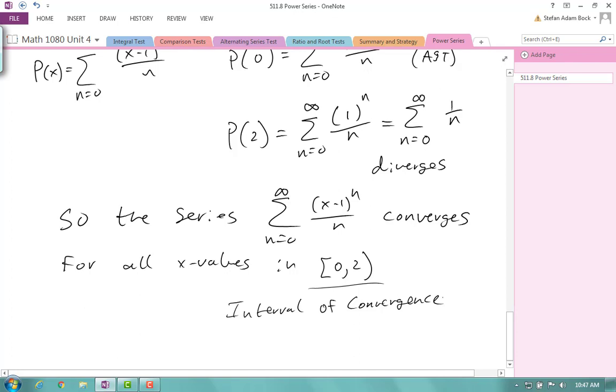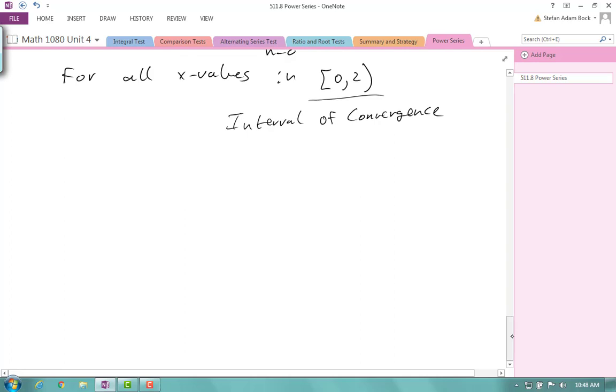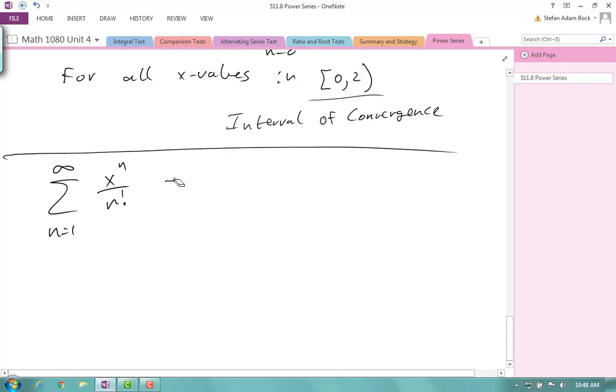But according to what I said before, the interval of convergence could potentially be all real numbers, or it could be only the center. And standard examples of those: if I have the sum from n equals 1 to infinity of x to the n over n factorial, here I want to find the interval of convergence. Actually, why don't I just say find the radius of convergence?